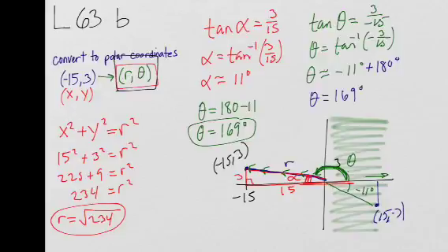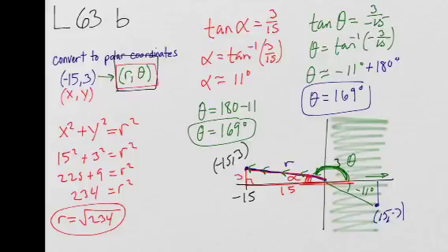Now, that just means that you have to be smart about this and recognize that if the negative signs tell you that your angle is going off to the left, then your calculator is not going to give you the angle, it's going to give you the complement.